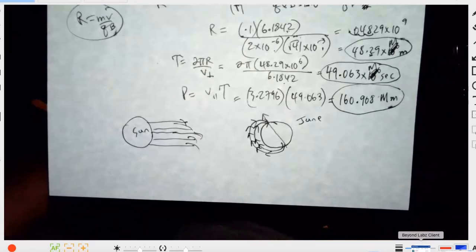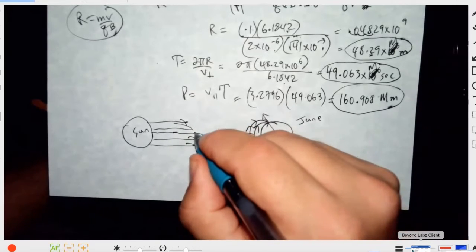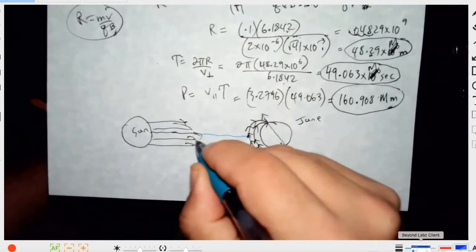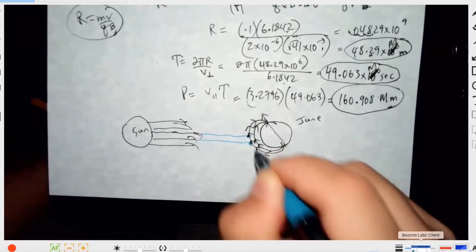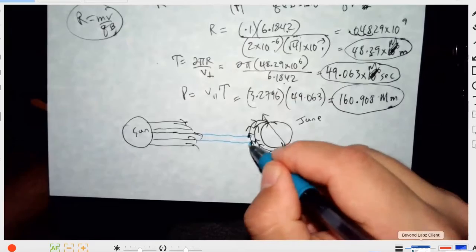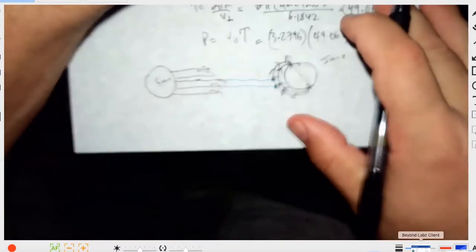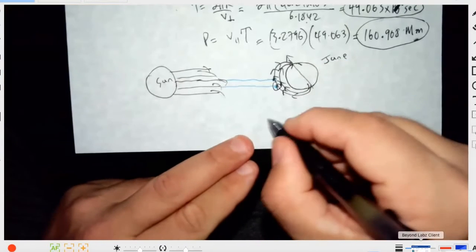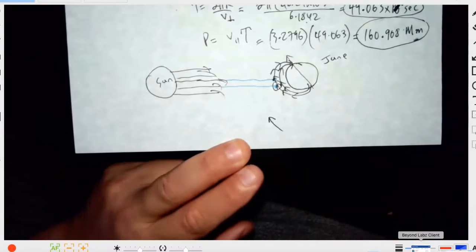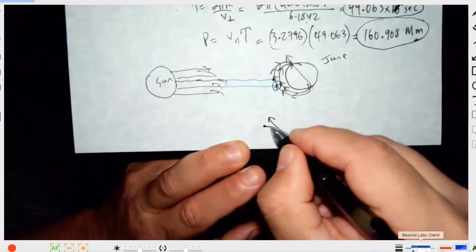Let's say one charge is coming here, and then this charge is coming here. Zoom in on what's happening in that area. Try to blow that up. Here you have a field going like that, and then an incoming charge going like that.